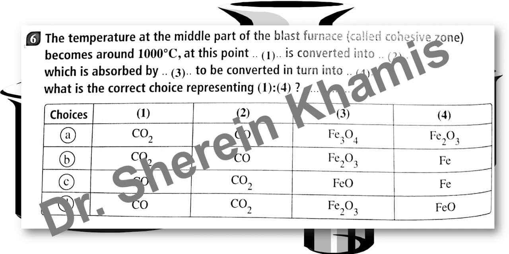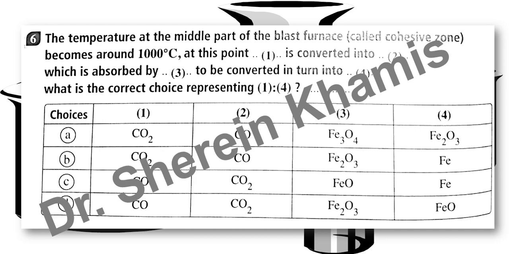We have choices for this one in the table, which is absorbed by. Also, we have iron in different states converted into the product iron. What is the correct choice representing 1 to 4? Here we have all choices.